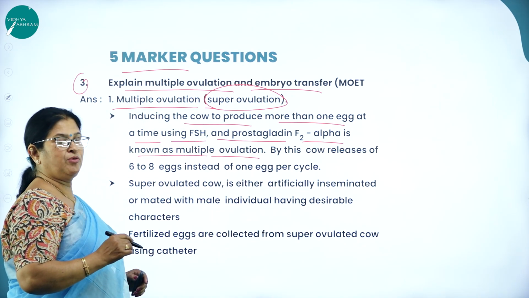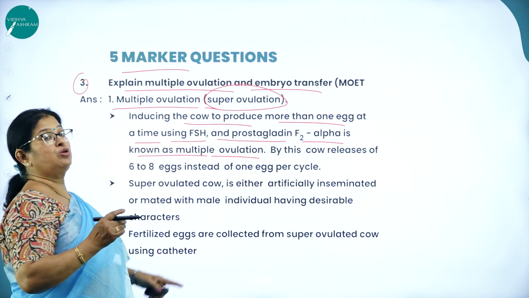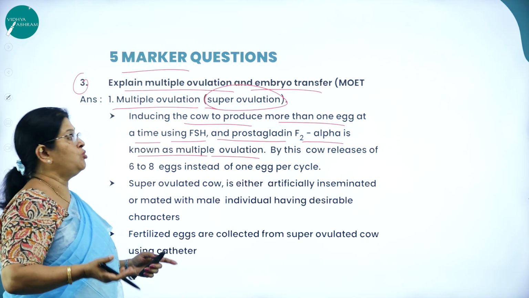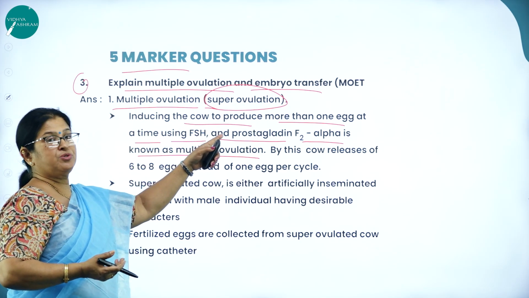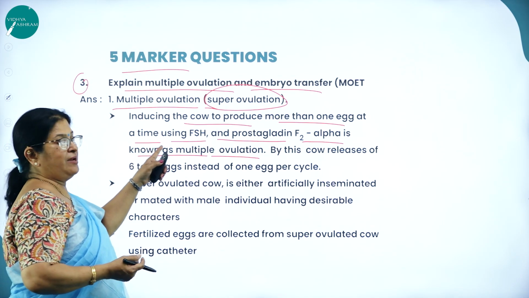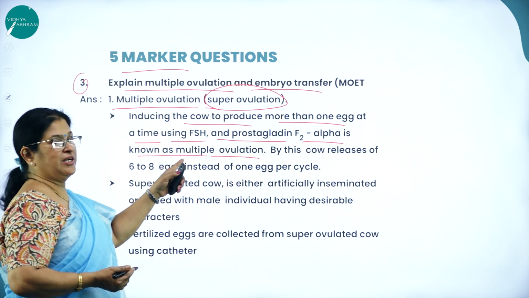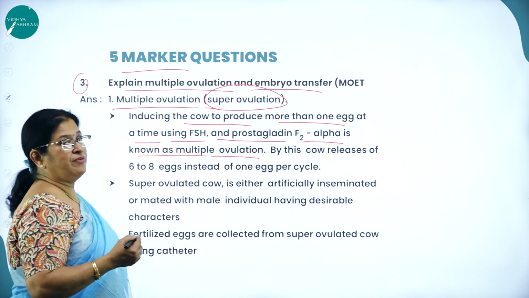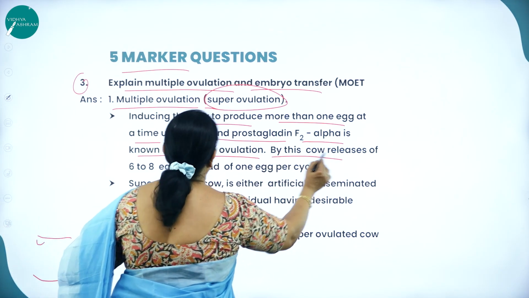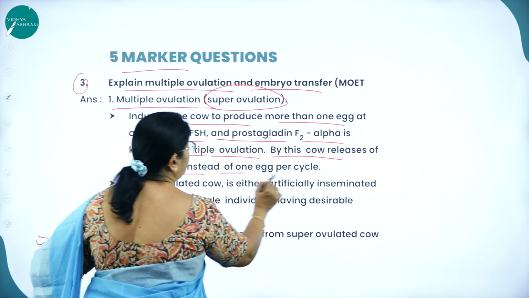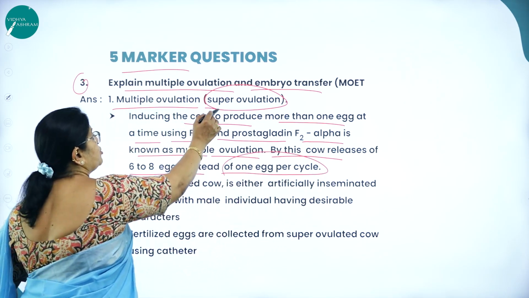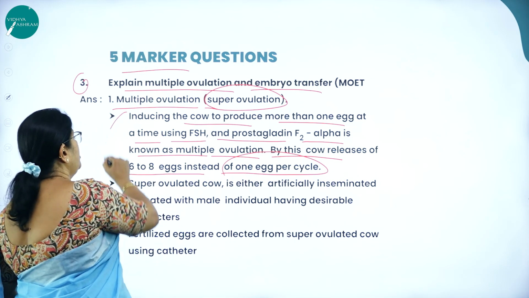So what is multiple ovulation? Inducing the cow to produce, multiple meaning more ova, more than one egg at a time using FSH and prostaglandin F2 alpha is known as multiple ovulation. So what will happen by this? The cow releases 6 to 8 eggs instead of one egg per cycle, hence the name super ovulation or multiple ovulation.